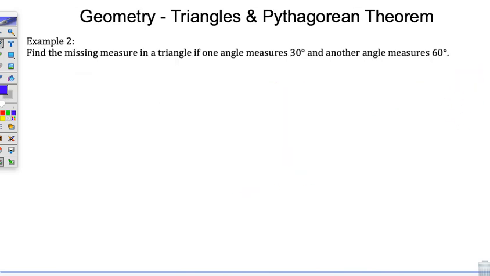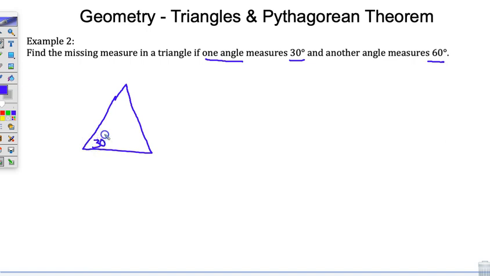So let's try some other problems that are very similar to this, only they may be worded a little bit differently. In example 2, it says find the missing measure in a triangle if one angle measures 30 and the other measures 60. If you want to, you can even draw yourself a picture to help you.